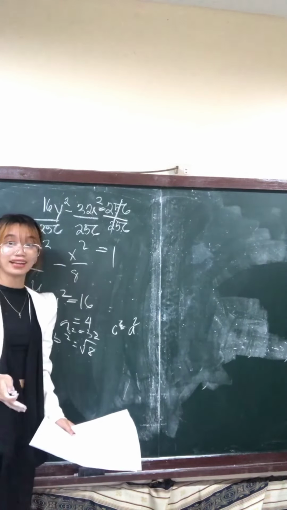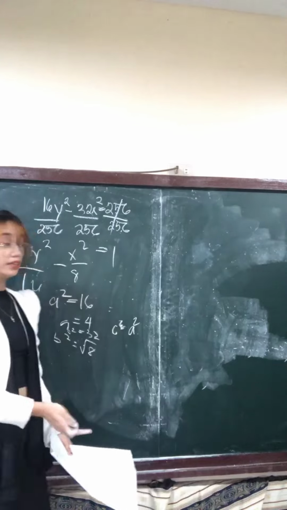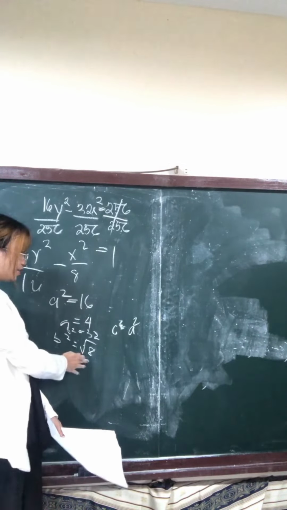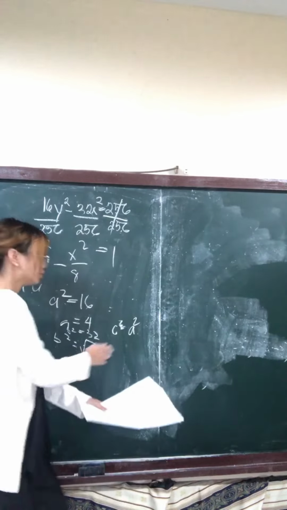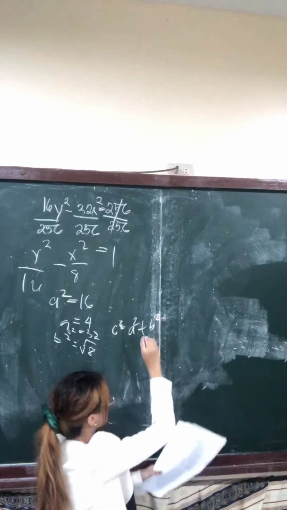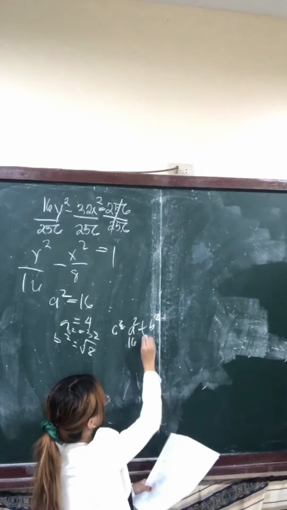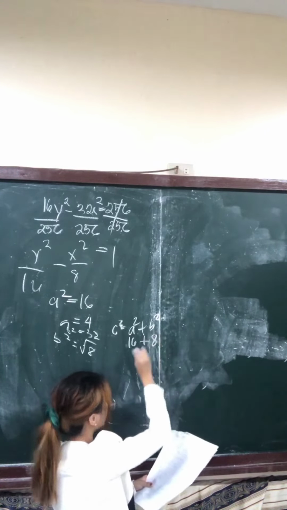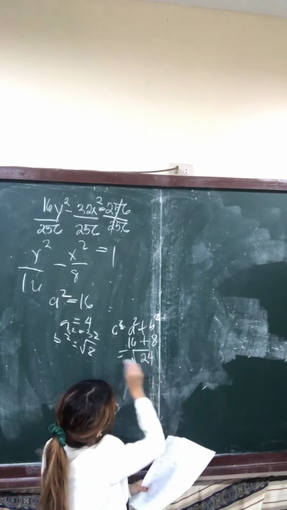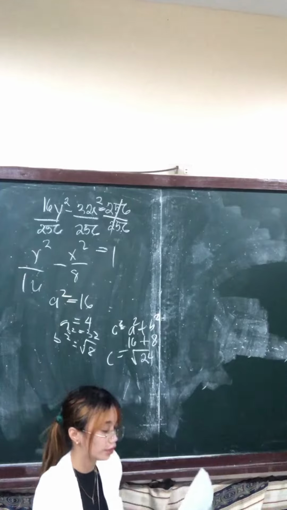So we can now directly solve for c. Since a is 4 and b is the square root of 8, c squared equals a squared plus b squared. Since a squared is 16 and b squared is 8, c is the square root of 24.